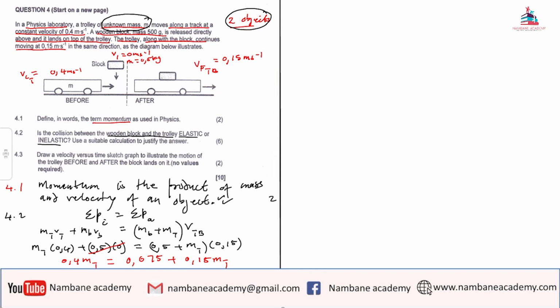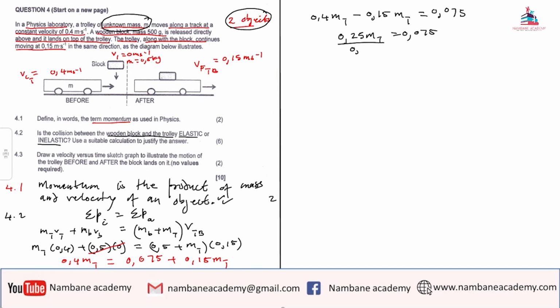Then can I group the like terms here? Yes, I can. I can say 0,4 MT minus 0,15 MT is equal to 0,075. Then the mathematics allows me to say 0,4 minus 0,15 will just give me 0,25 MT equals 0,075.